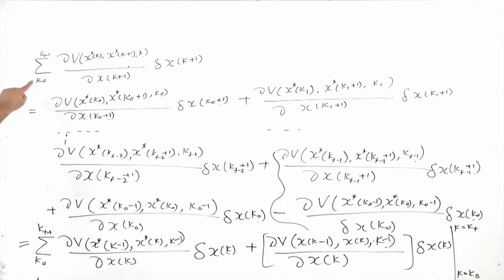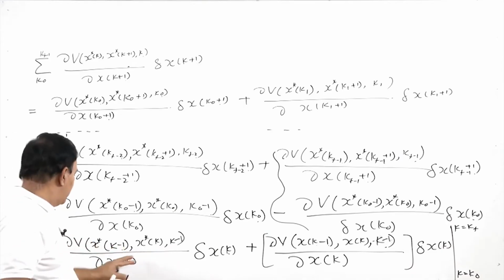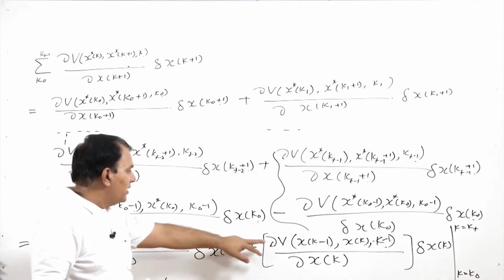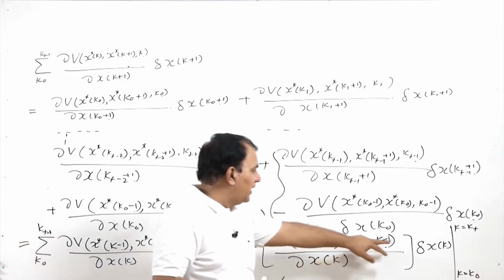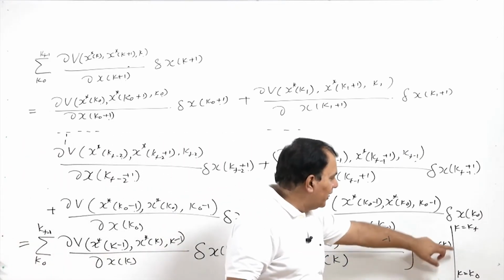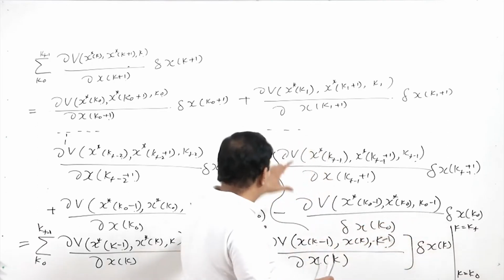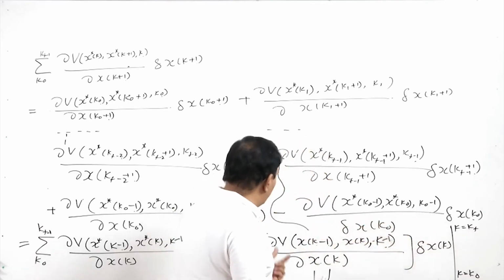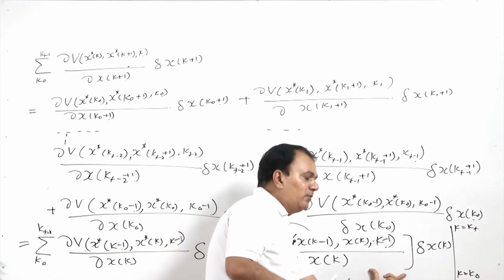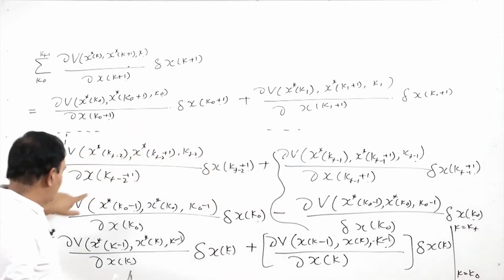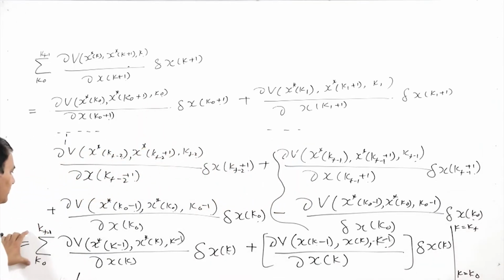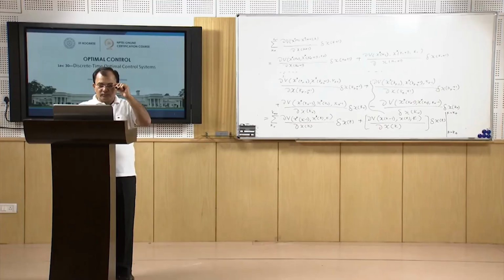Now the second term can be replaced as del v by del x of k, delta x of k, at k equal to k0 and k equal to kf. So, these last two terms are giving me this term, and these other terms are giving me the summation of this term.